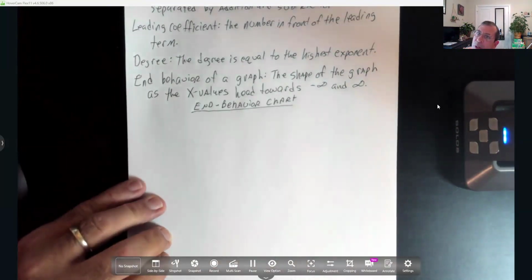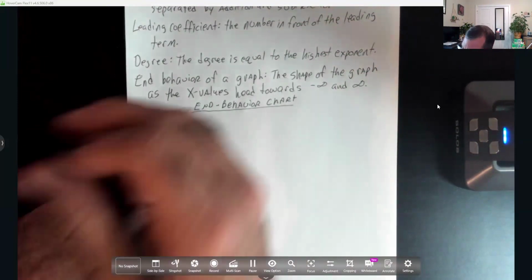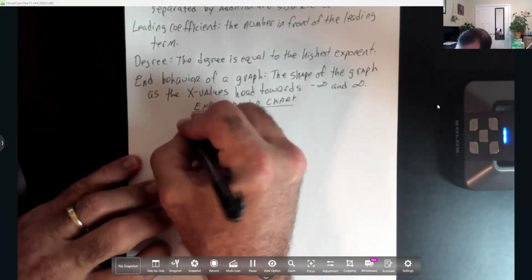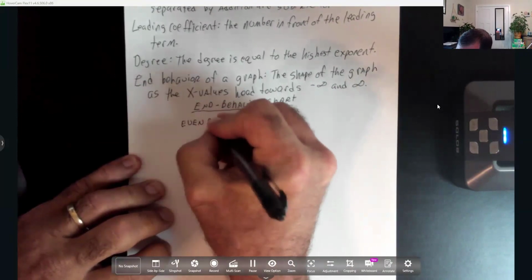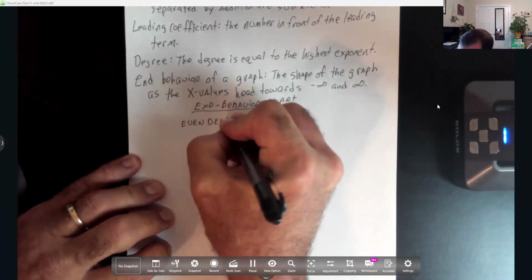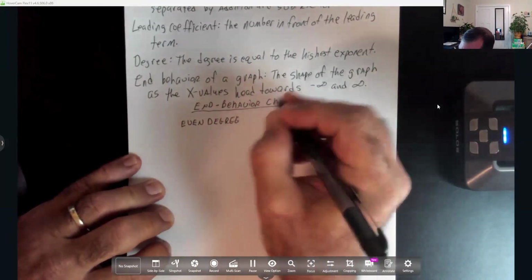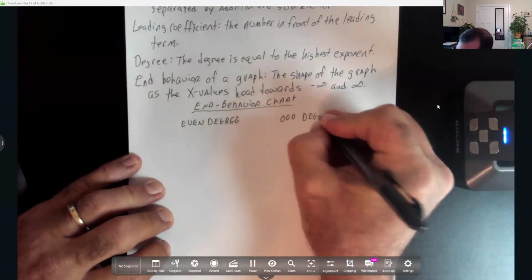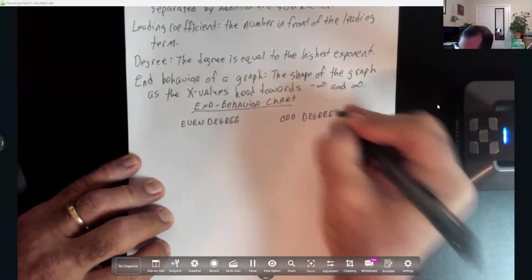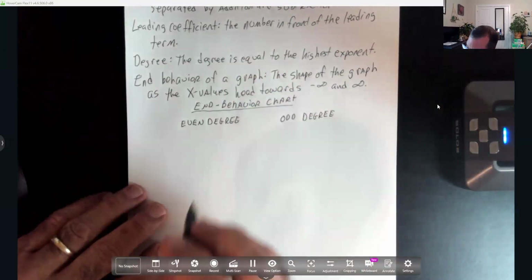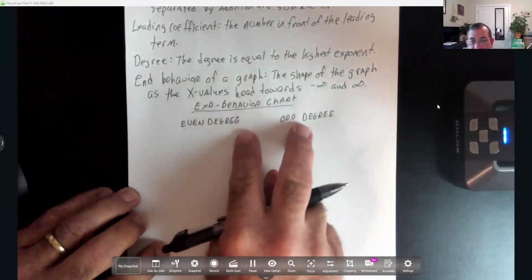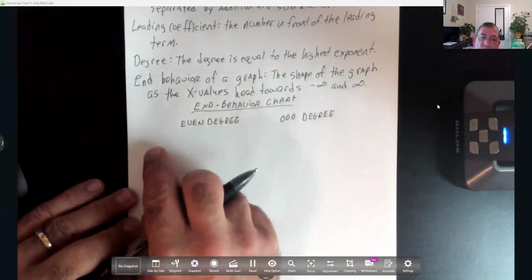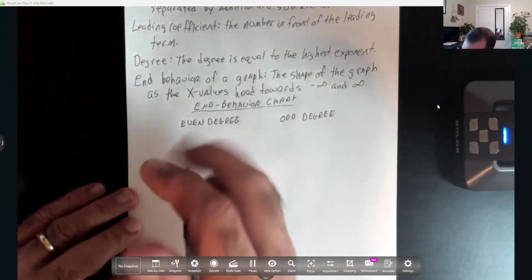So y'all, the first thing we look at are the degrees of it. Does it have an even degree? Or does it have an odd degree? Okay, so we compare the degrees, and then we also compare the lead coefficient.